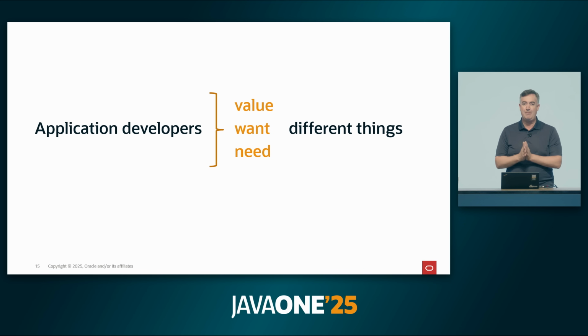So we've seen that application developers value different things: stability, predictability, functionality. And developers who value different things want and need different things, both from libraries and the JDK itself. Let's see how library developers try to keep their users happy.